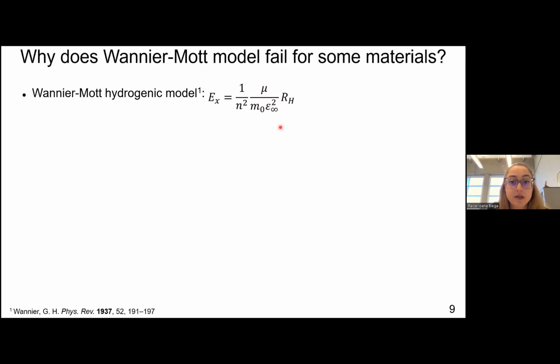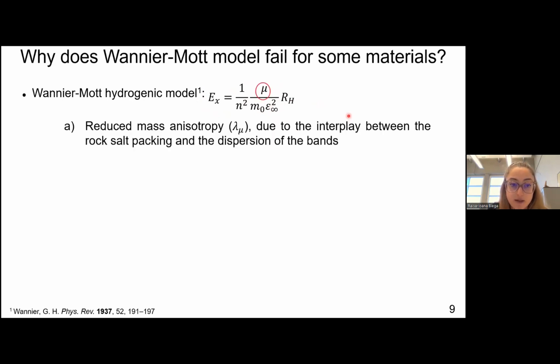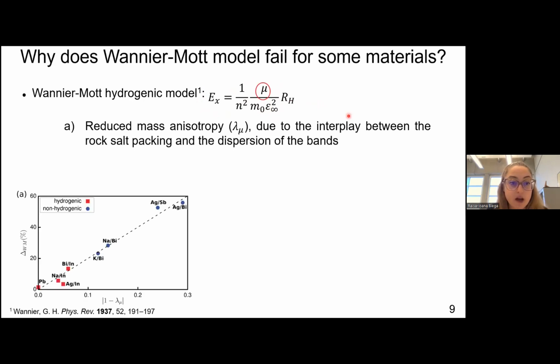and that's the reduced mass, mu, and the dielectric constant. So if we look at the reduced mass, what we see is that some of those perovskites have very anisotropic effective masses. For example, the lead-based one is a single perovskite that has no anisotropy in the effective mass.